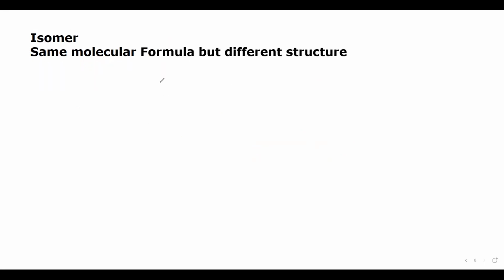Like for example, if I say I have C4H10, because the number of hydrogen is twice plus 2, this is an alkane. So four carbon atoms, how can I draw these four carbon atoms? I can draw in a line 1, 2, 3, 4.